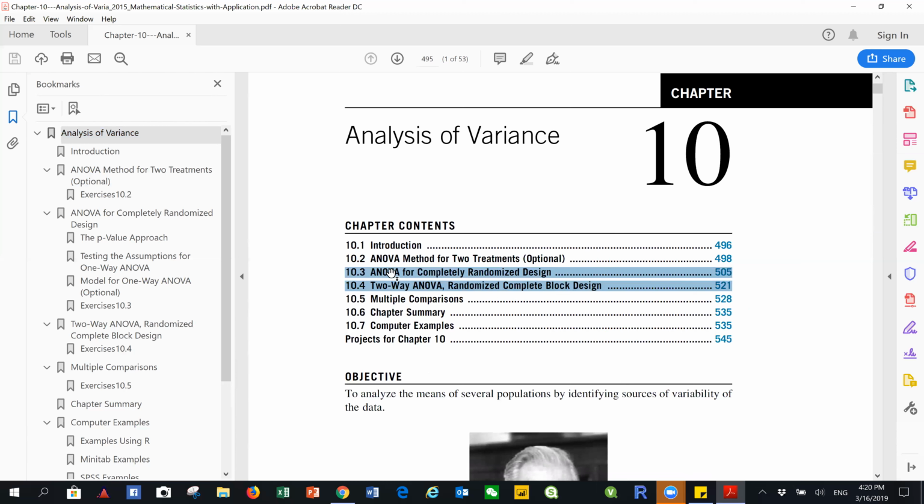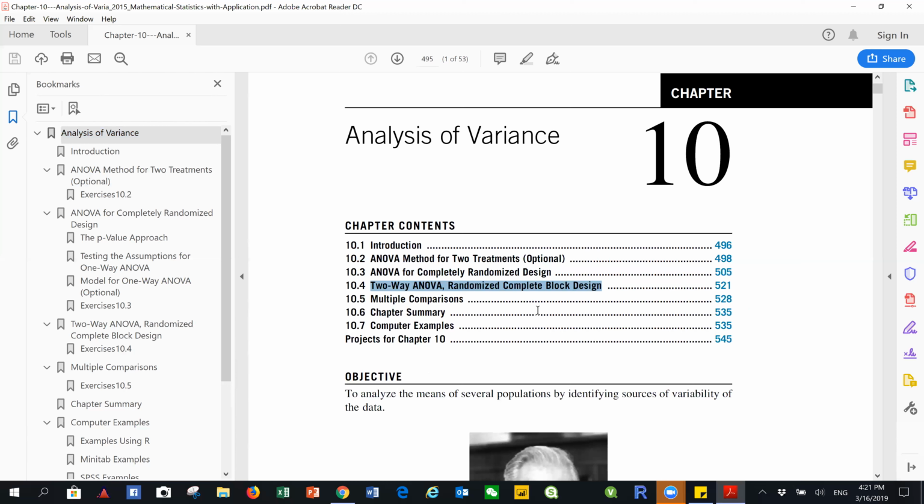For 10.4, the way a subject is assigned to a treatment will also be randomized, but now the treatment becomes a combination of the 2 levels from the 2 ways, the 2 factors. We just said that a way is a factor, a variable. So two-way means you have 2 variables, two factors.